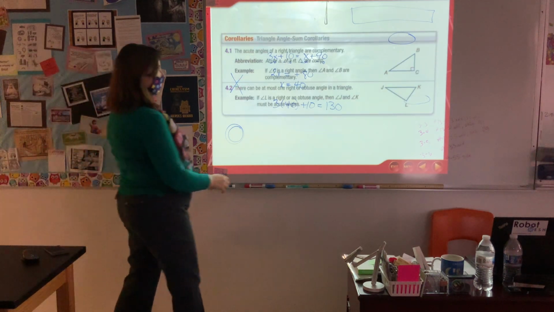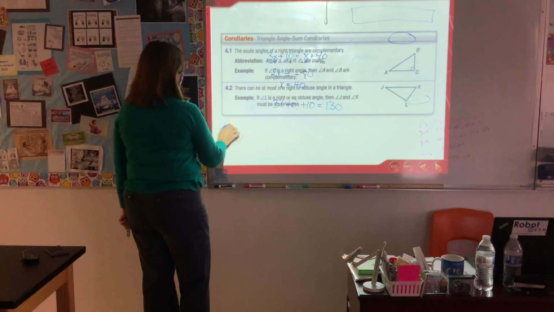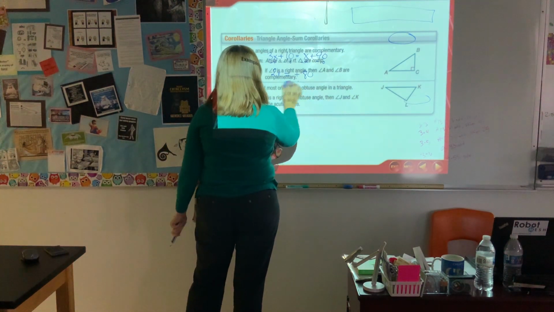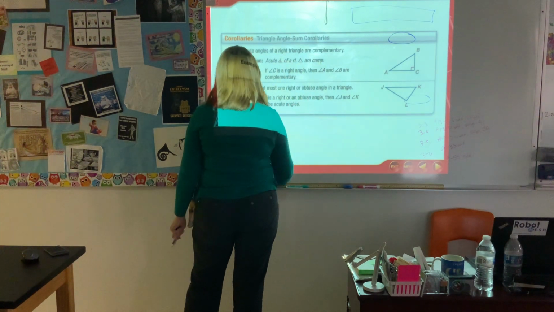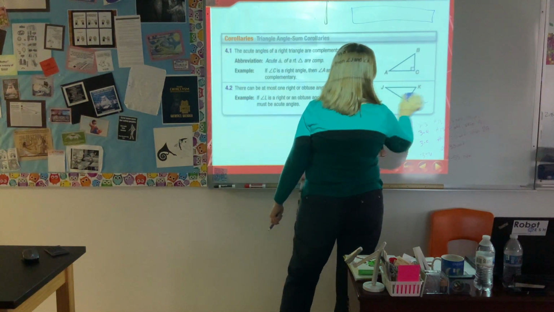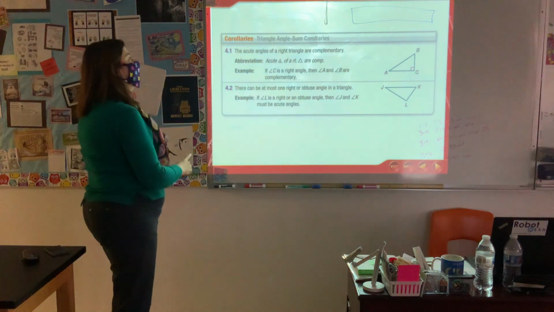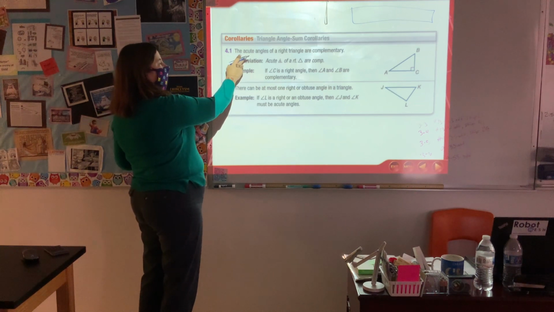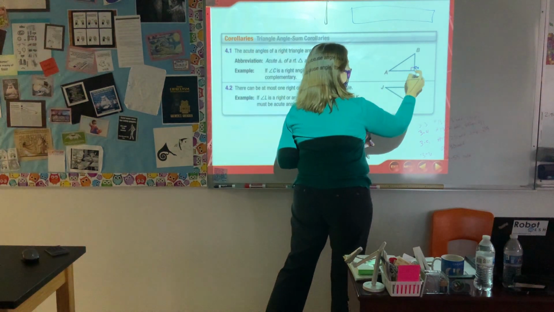Okay, corollaries. These are kind of sub to the triangle angle sum theorem, where the triangle angle sum theorem says all three angles together will equal 180. If I have a right triangle, that right angle is 90.